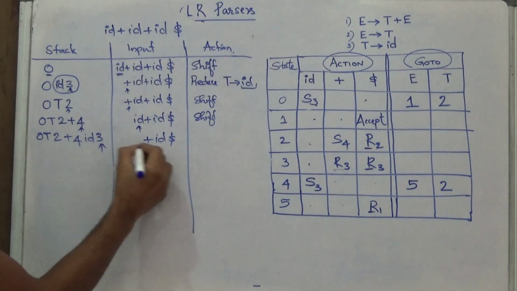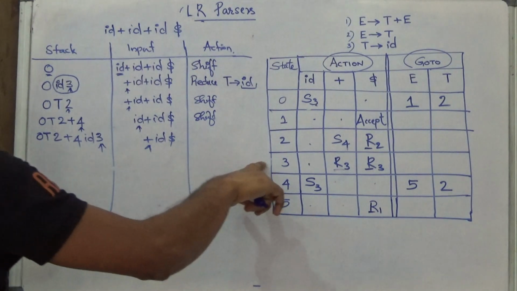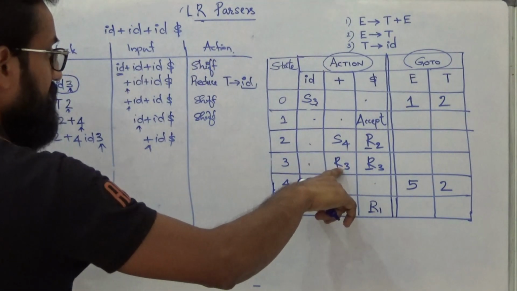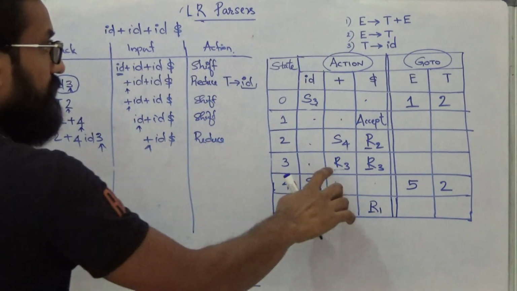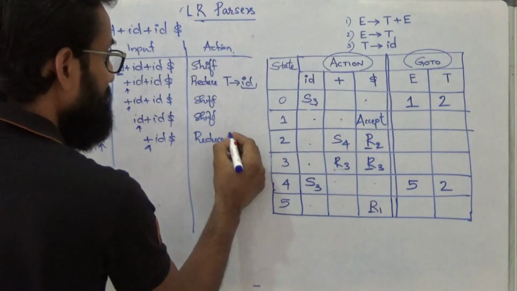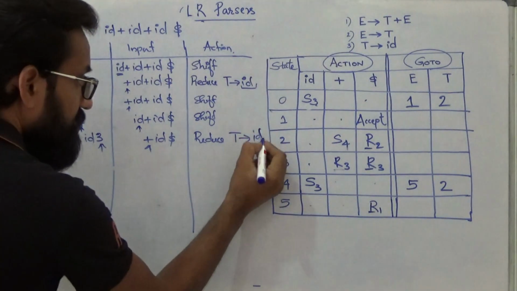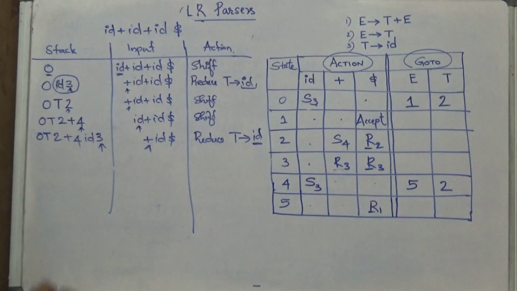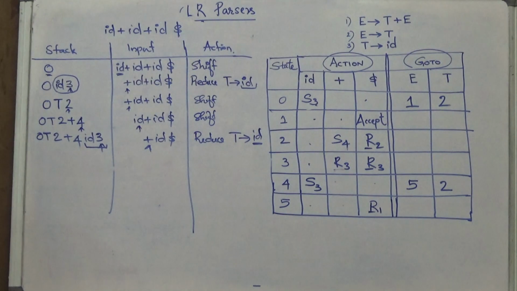Next configuration is 3 plus. So it will check the location corresponding to 3 plus. 3 plus actually contains R3. So you have to perform a reduction, reducing by applying production number 3, T giving ID. As I said, the right hand side is of length 1, so it will remove 2 items from the stack top.